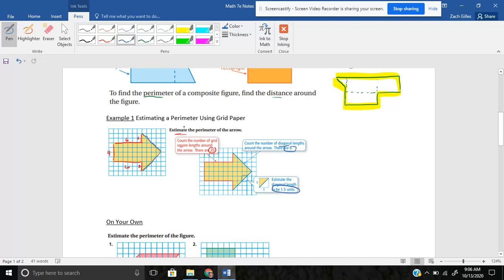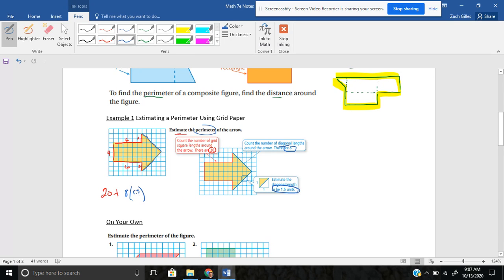So to find my entire perimeter, I would add up my red. Again, the perimeter is the distance around. So for the red, the full length squares, I had a total of 20. Plus, I had a total of 8 diagonals, but each one of those diagonals represented 1.5, right? That's what we're estimating them to be.